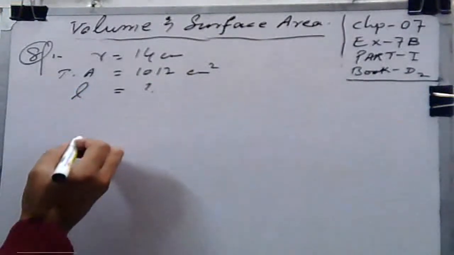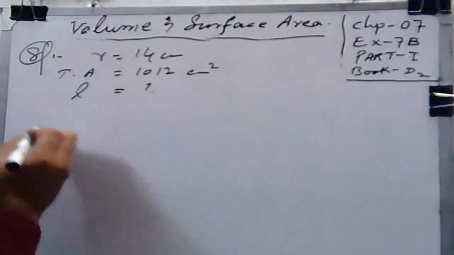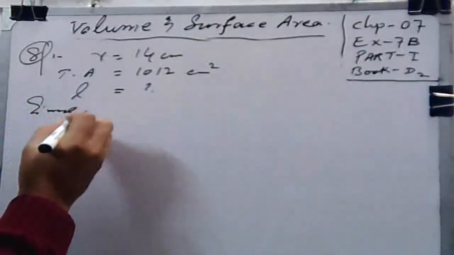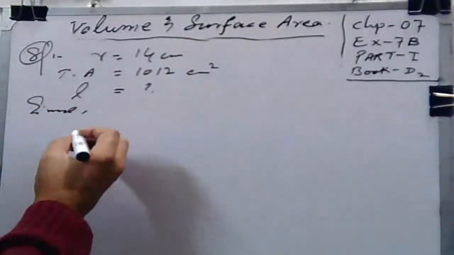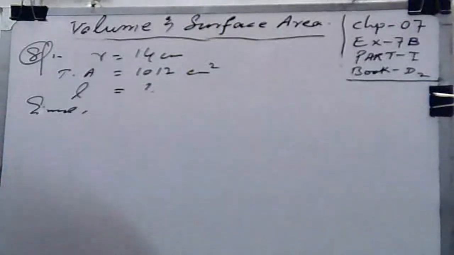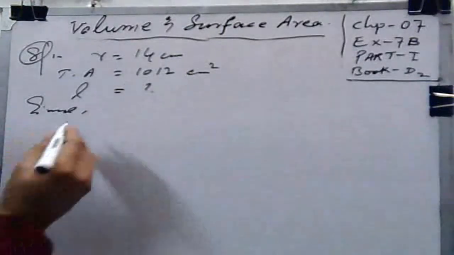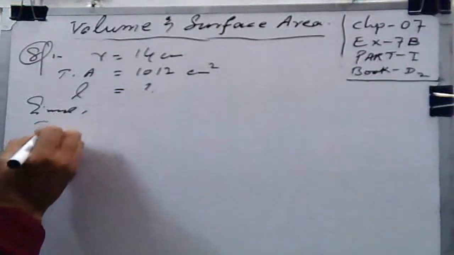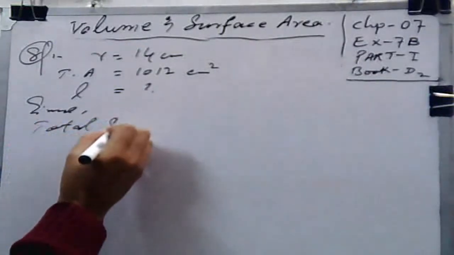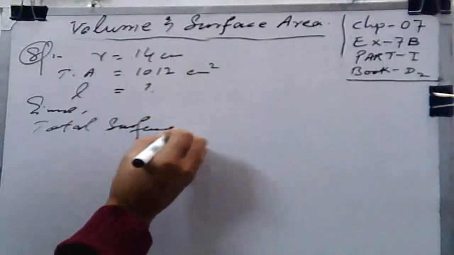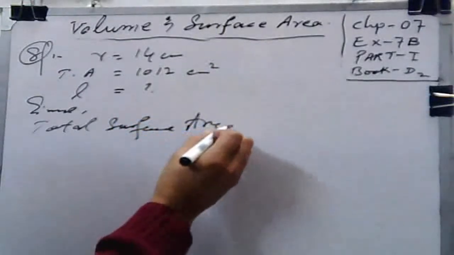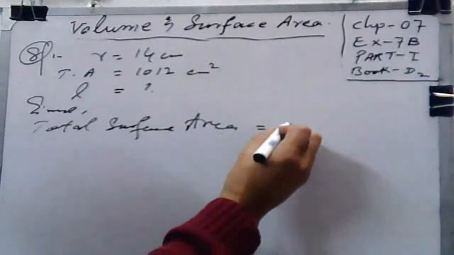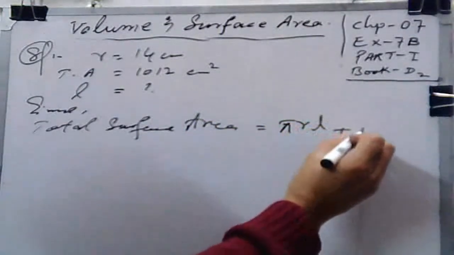So total surface area, since we have a formula in this case, total surface area is equal to pi rl plus pi r square.